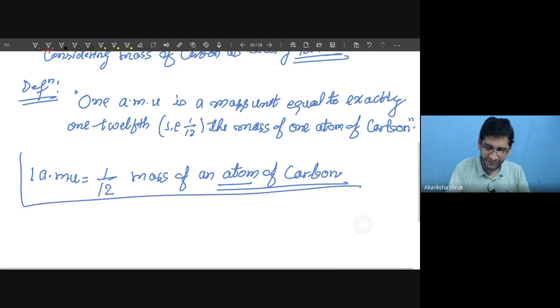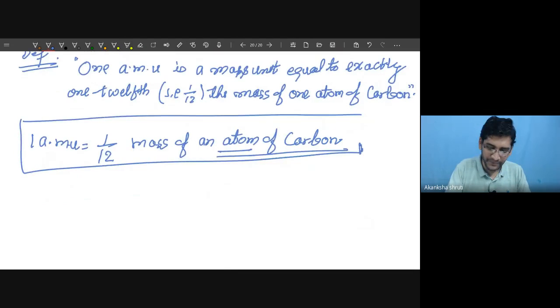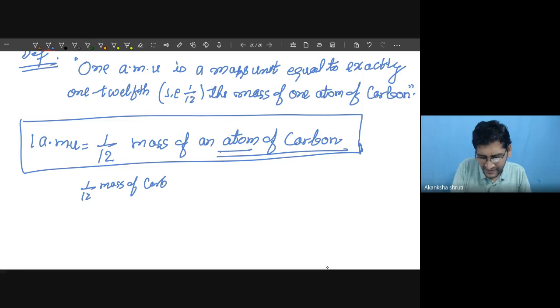This is the definition that you must keep in mind and write this way. So 1/12 the mass of an atom of carbon will be denoted by U or AMU.